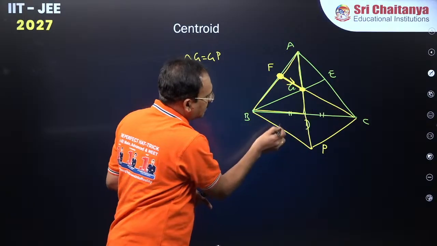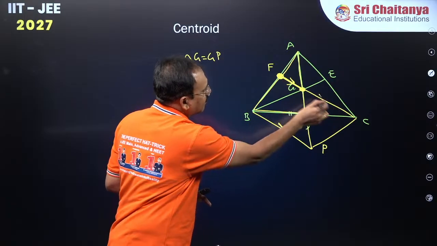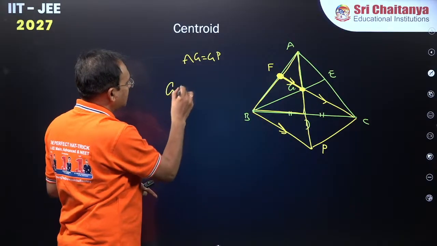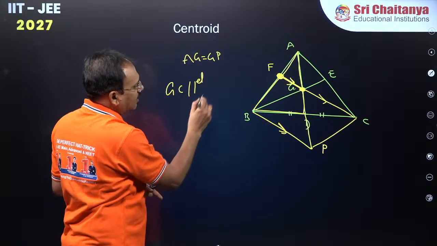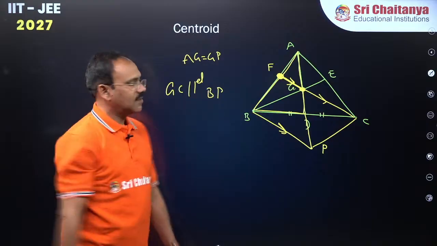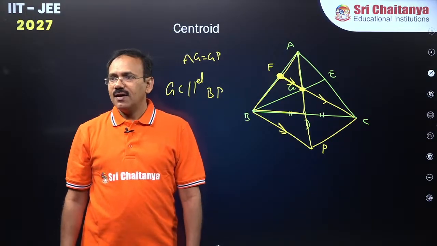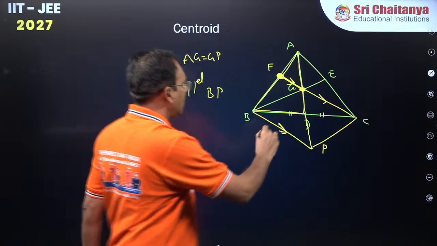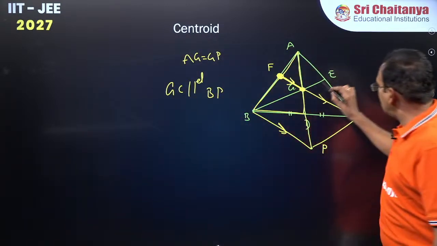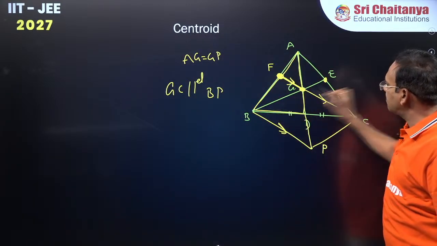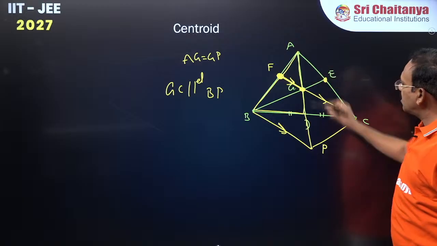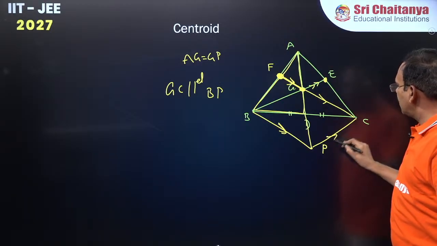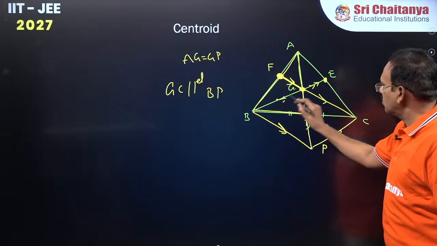So this entire line is parallel to BP. So can I say GC is parallel to BP? In the same way, even here, GE is the midpoint because it is a median and AG equals GP, so this is parallel to this as well.